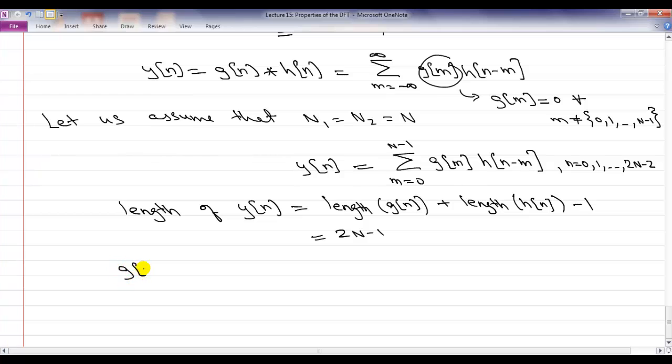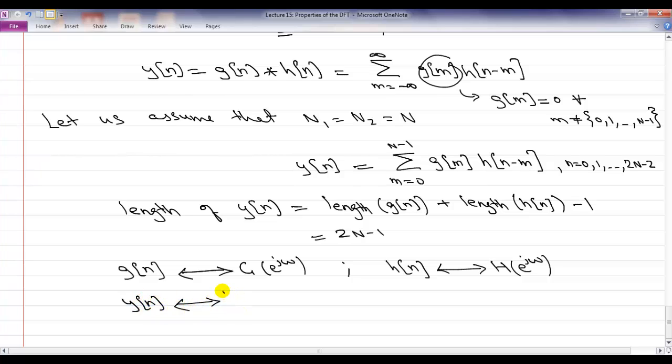If gn has Fourier transform G of e to the j omega, and hn has Fourier transform H of e to the j omega, then what is the Fourier transform of yn in terms of the two Fourier transforms? So Y of e to the j omega is G of e to the j omega times H of e to the j omega. This is of course something that we already know.